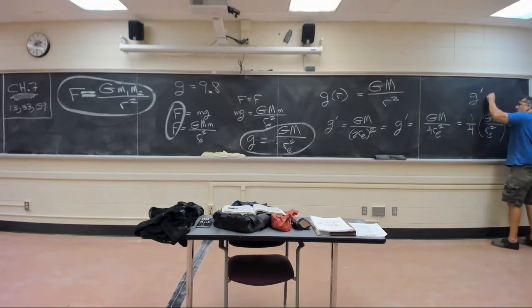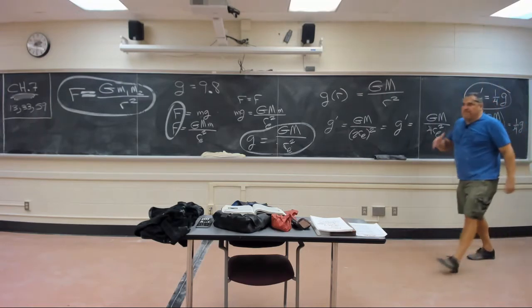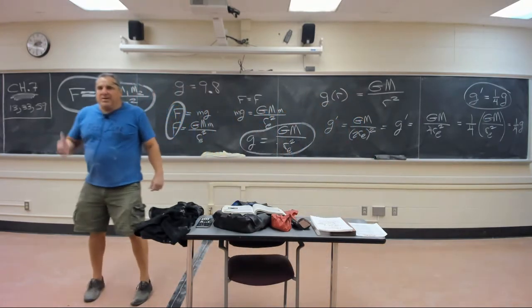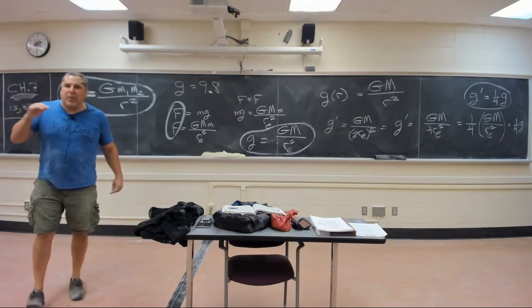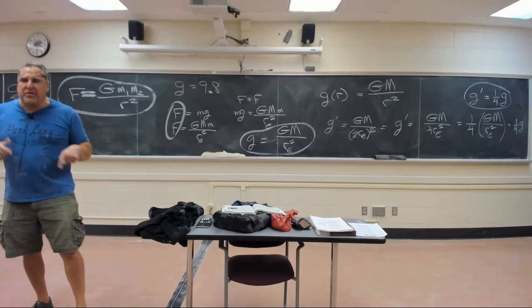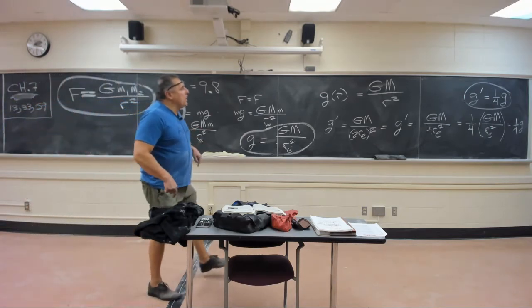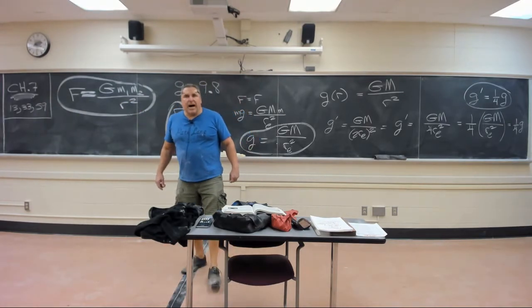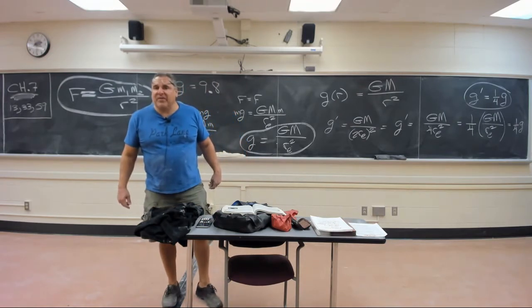I would accelerate down toward the Earth initially, way up there, at 1/4 of a g, if I was 2 Earth radii away from the center of the Earth, rather than just 1 Earth radius away, which is what I am now.